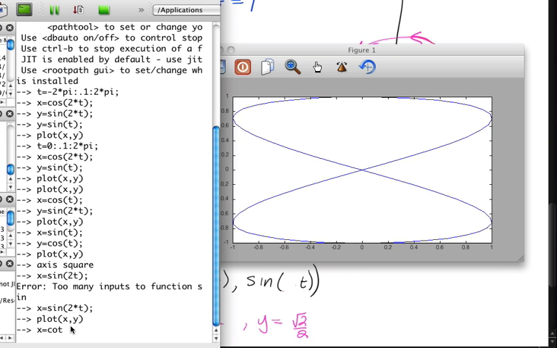Cotangent of x over 2. Well, it has to be t. Something crazy, ridiculous: t squared over 2 pi times e to the t to the third. Okay, all right, let's go with that.